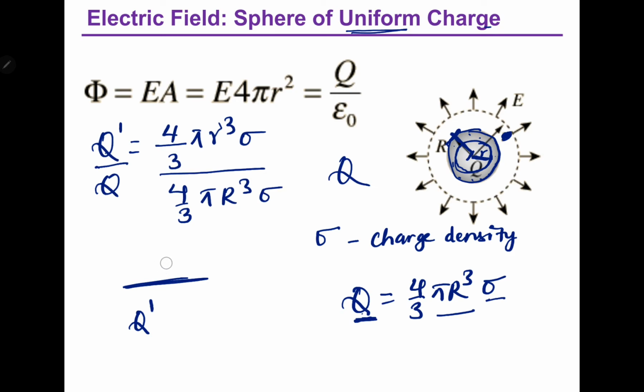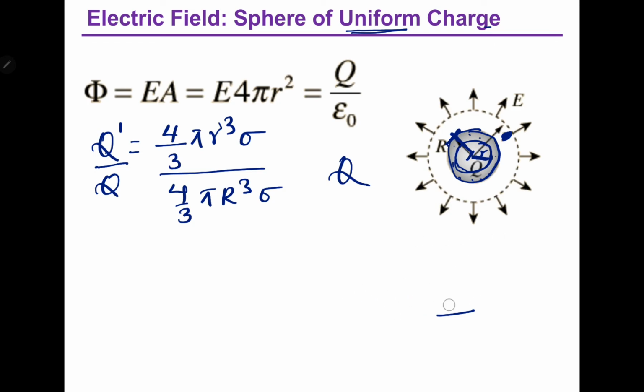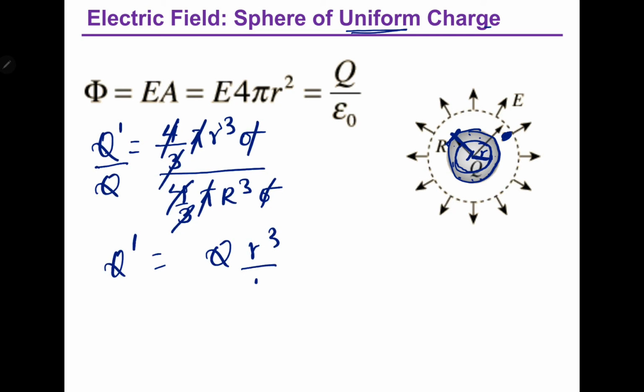Because charge density is the same inside and outside. If that is the case, you can cancel these constants, and q dash will be equal to Q r cube divided by capital R cube.